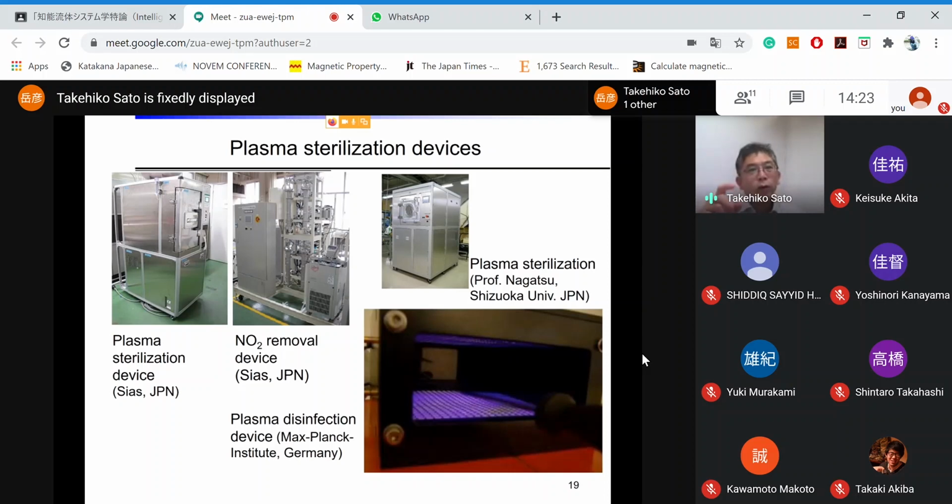So in air, it becomes a very low concentration of nitrogen oxide. That's one of the solutions to use plasma sterilization, but it still has a problem. So now we are still struggling to solve it. Okay.